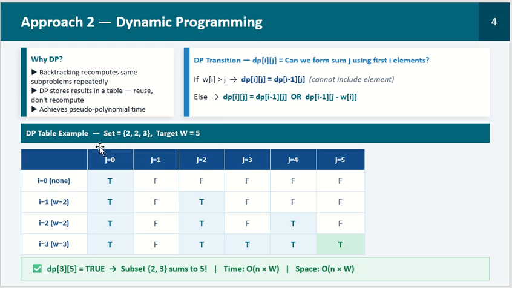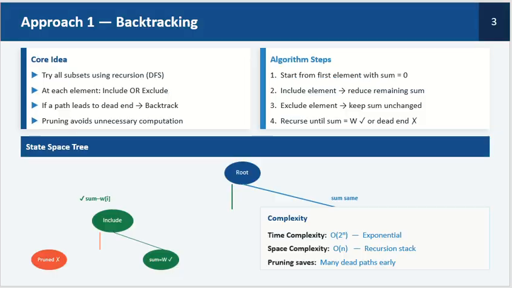Here we can see the set and the target, and then we check true or false for each entry during the iteration. We get a time complexity of n into W and a space complexity of n into W, which is much faster for larger input. So this is dynamic programming and this is backtracking.